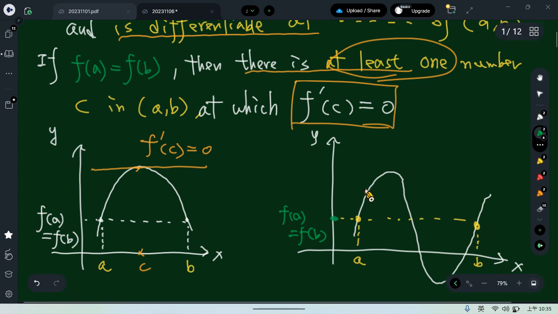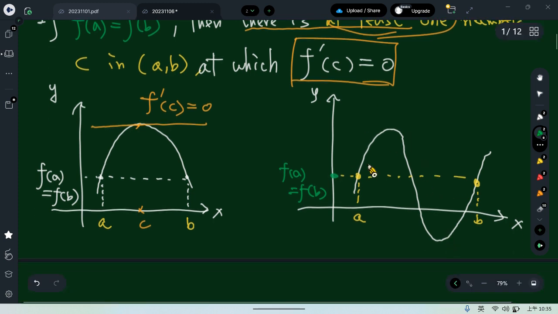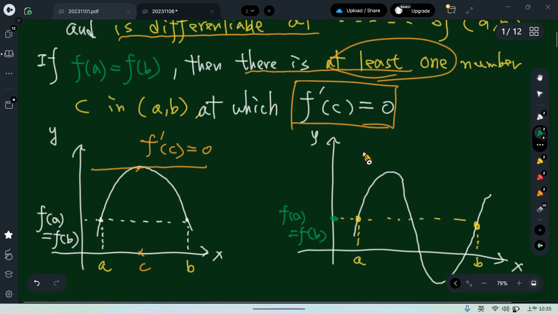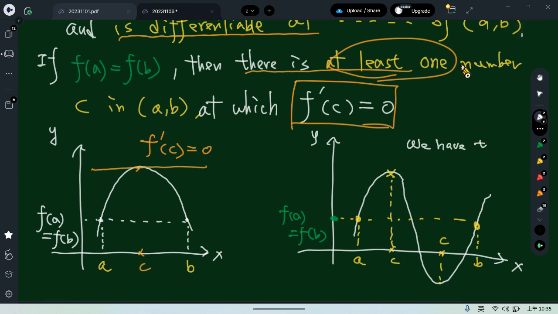So in this case, how many points can we find at which the first derivative is 0? 2, right? 1 is here, and the other one is here. So in this case, we have 2 points at which f prime C is 0, right? We can find this point and also this point.